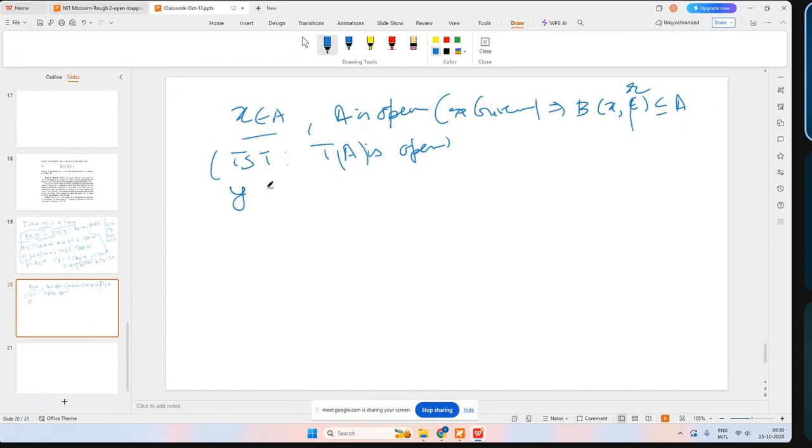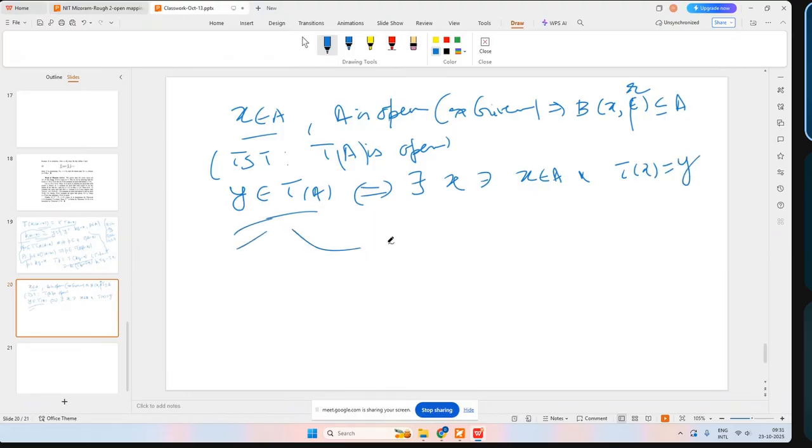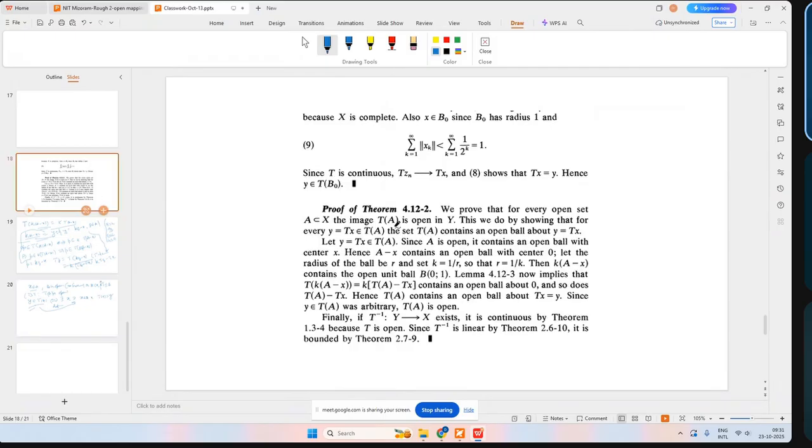Y in TA, the image of A, implies that there exists X such that X is in A and TX is Y. That is the definition. So that finishes the proof of what is called the open mapping theorem.